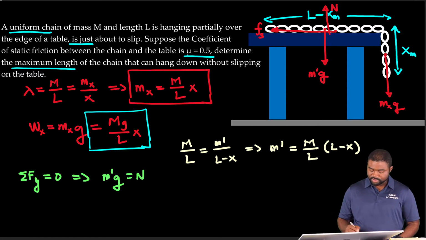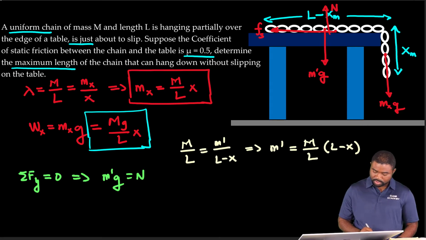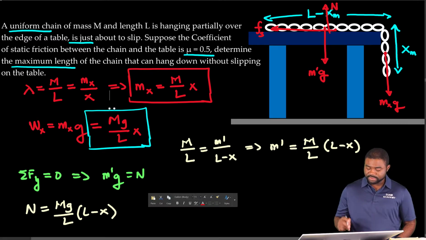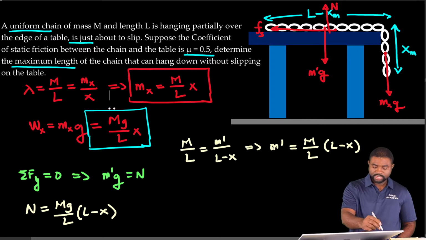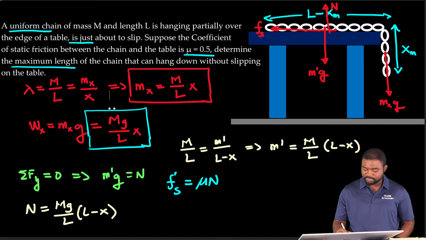Hence, we can therefore conclude that the normal force N will be equal to capital Mg over L bracket L minus X. Now, by definition, the static friction, F of S, is equal to mu multiplied by N, the maximum static friction.